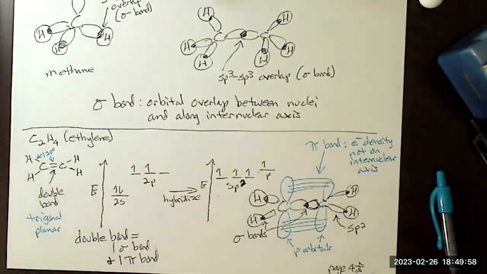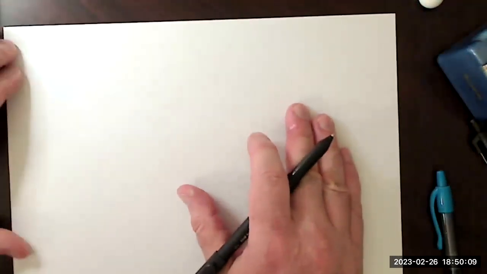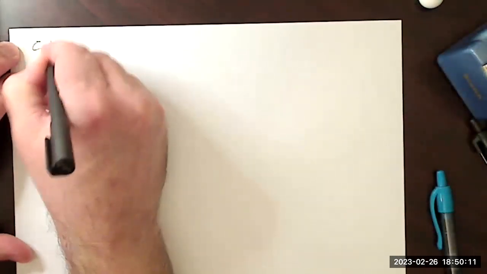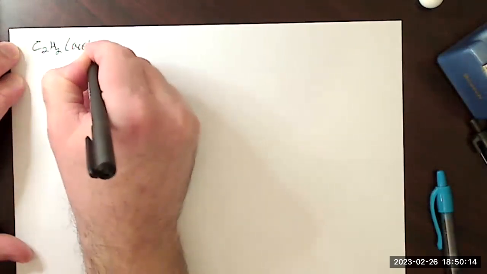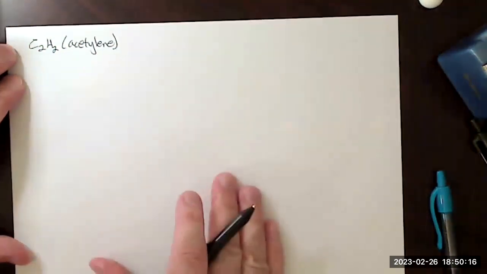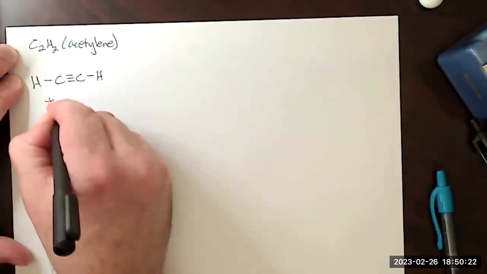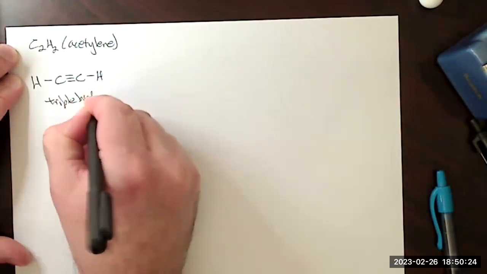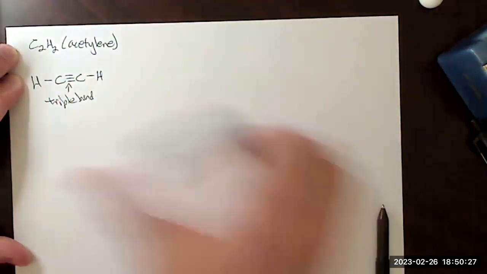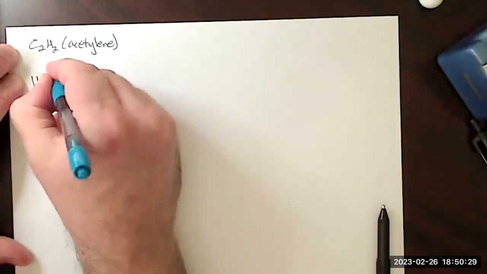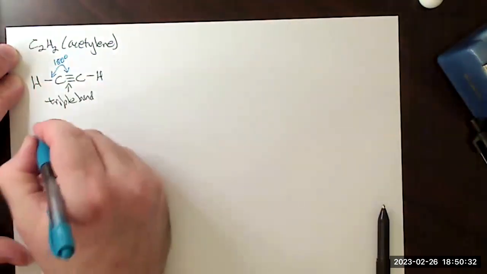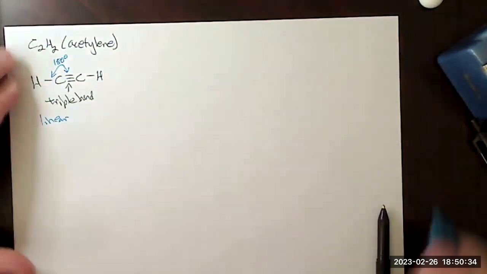Now we can have even more, even a higher bond order. We can make a triple bond. So let me draw that for you guys. An example of that is acetylene. And here our bond angle is 180 degrees, making our molecule linear.